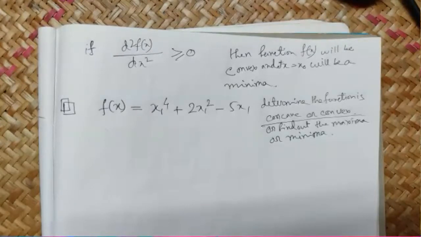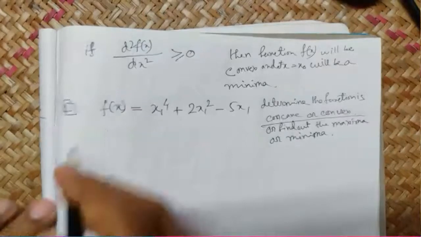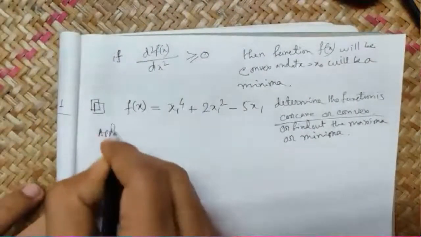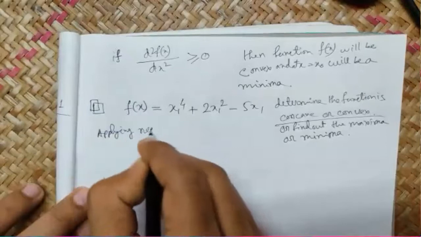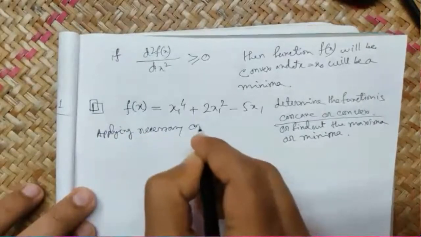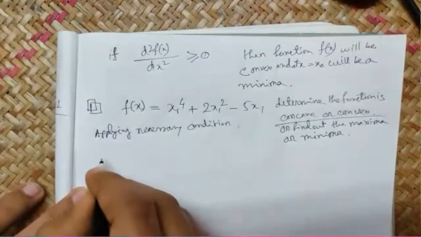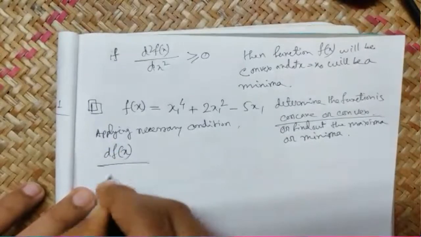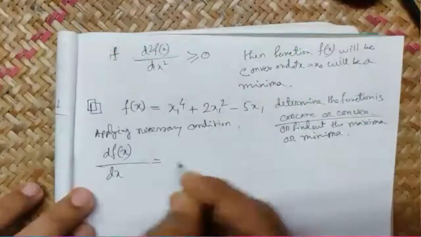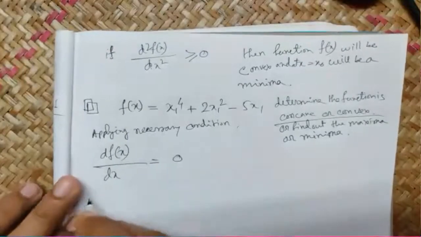We have to go first for the necessary condition. So we will write, applying necessary condition. What is the necessary condition? dfx dx will be equal to 0.